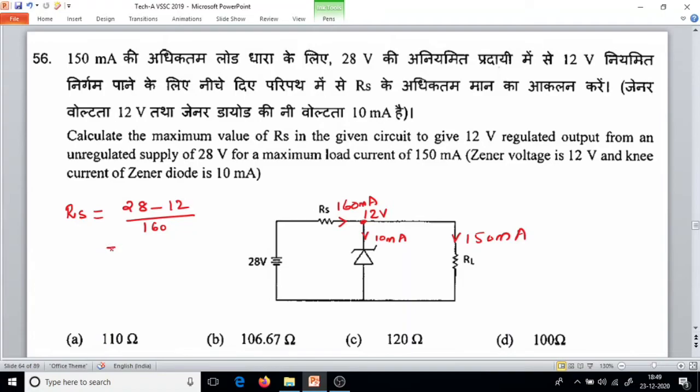We'll put it as 160 because we'll get the value in kilo ohms. 16 divided by 160, so it will be 1 by 10, which equals 0.1 kilo ohm, which equals 100 ohm. So the answer is option D, 100 ohm.